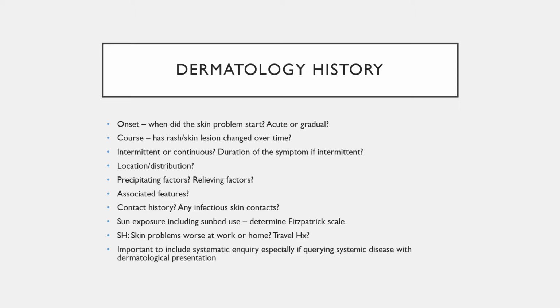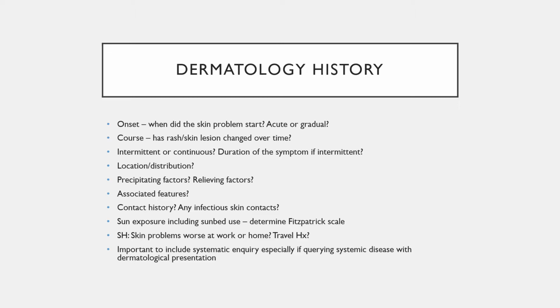Often the location and distribution of a rash is very important in dermatology. Different conditions act centripetally or go from the limbs in. As well, in every dermatology history, it's important to talk about sun exposure and determining their Fitzpatrick scale.